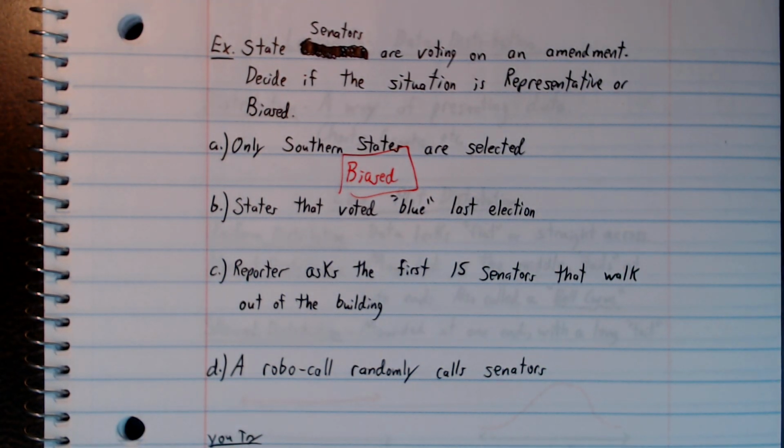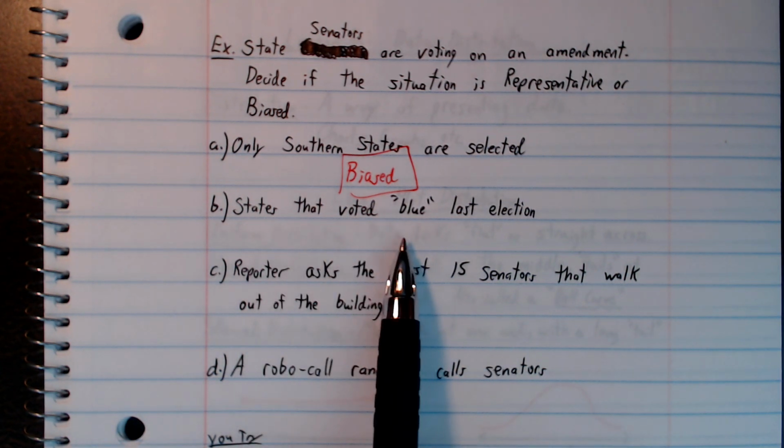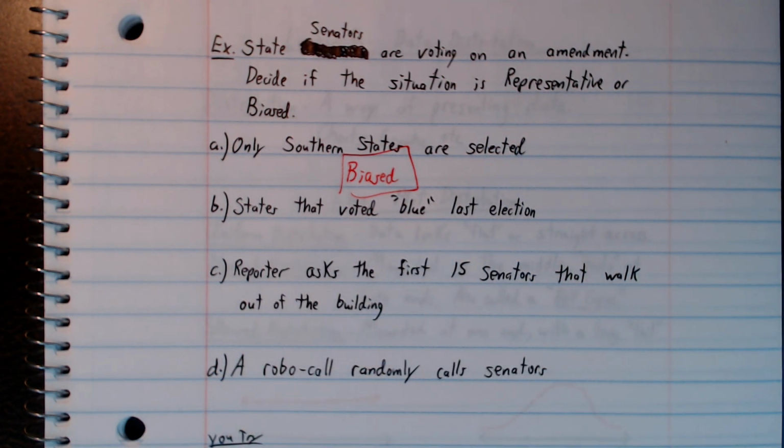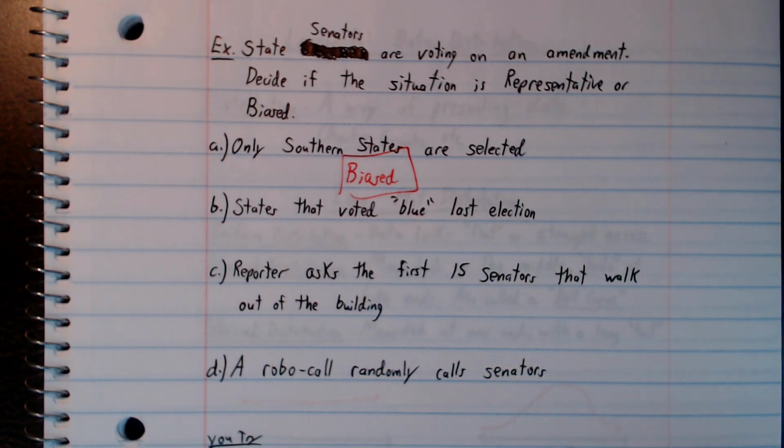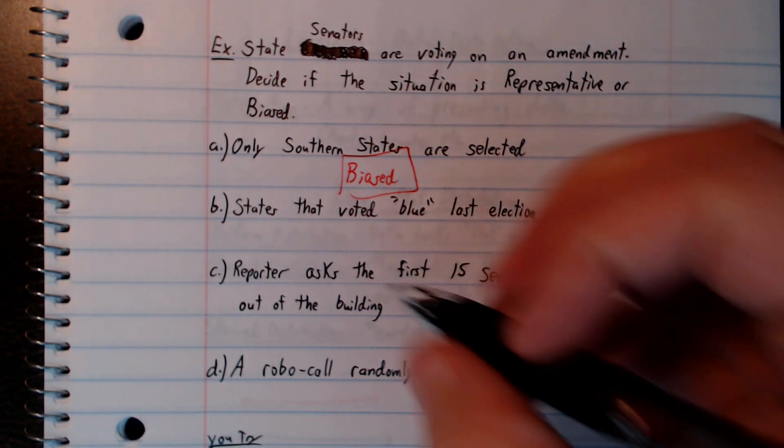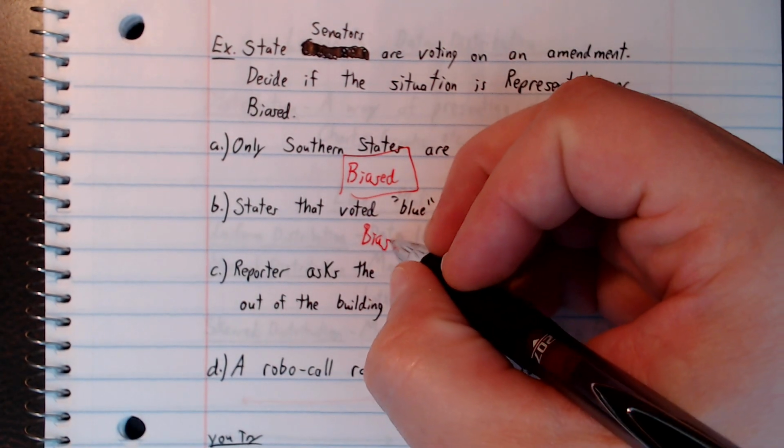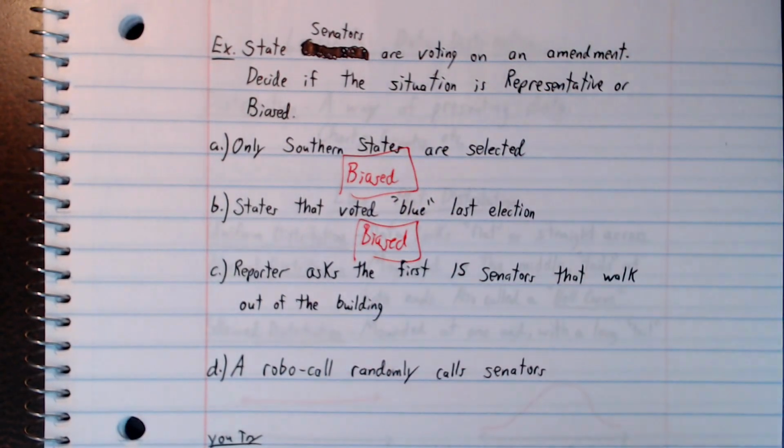Like we get snow up here, and they don't get very much snow down there. So if it was the other way around, that could be very biased. States that only voted blue last election. Well, again, this could be a political issue that they're voting on, and blue would be the Democrats altogether. So again, that could be a biased situation.